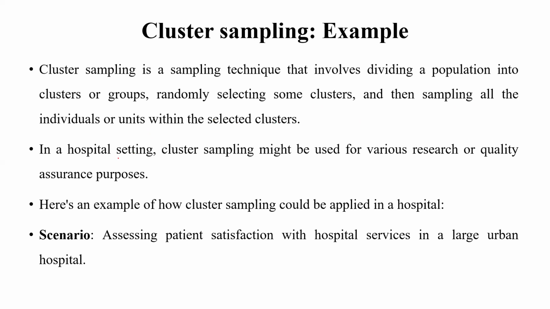Let's take an example from hospital settings, where cluster sampling might be used for various research or quality assurance purposes. Here's an example of how cluster sampling could be applied in a hospital. The scenario is assessing patient satisfaction with hospital services in a large urban hospital.